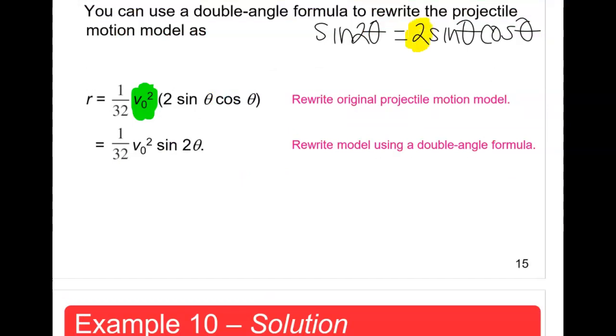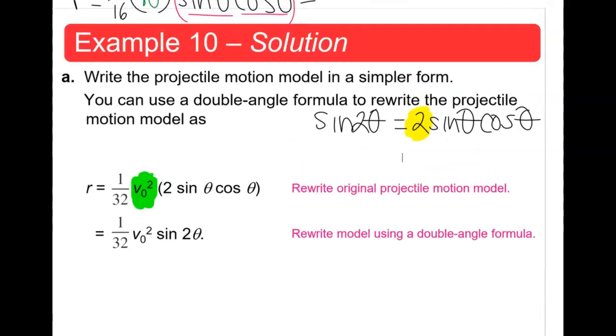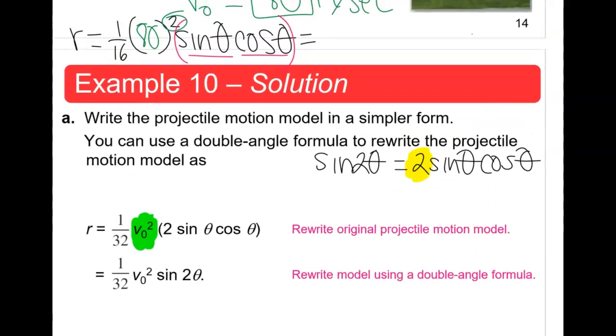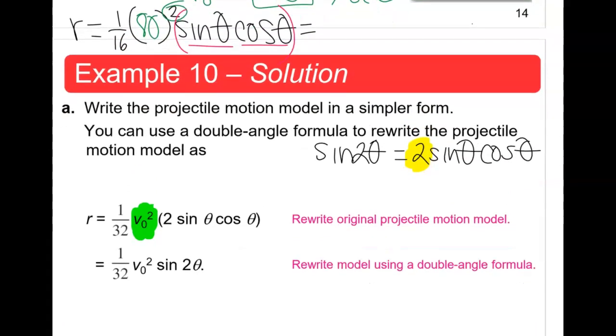So based on the number that I need to make up here in my expression, so far this is what we have. R is equal to 1 over 16 times the initial velocity squared times sine of theta cosine theta.